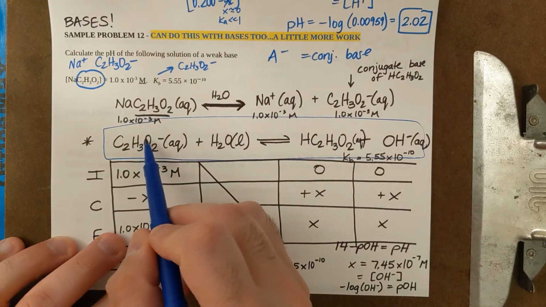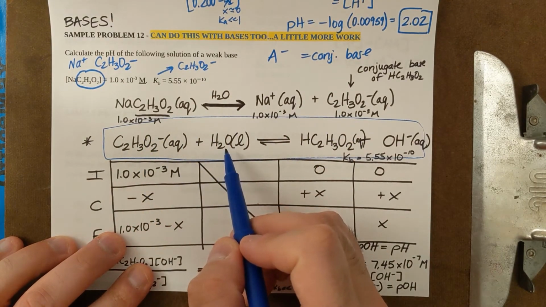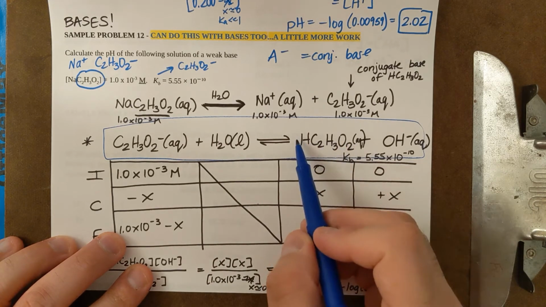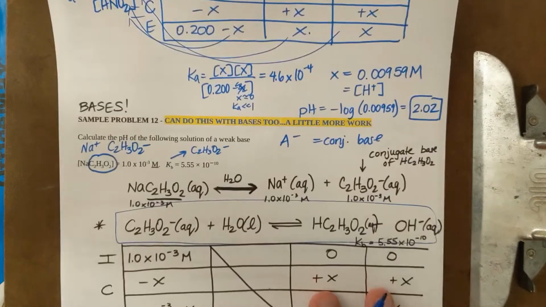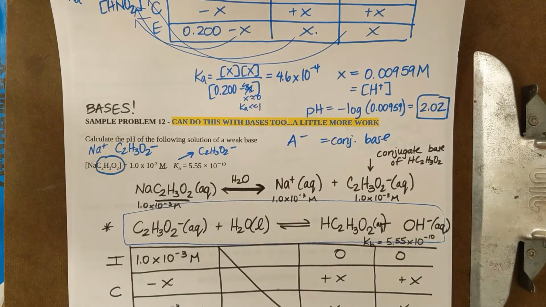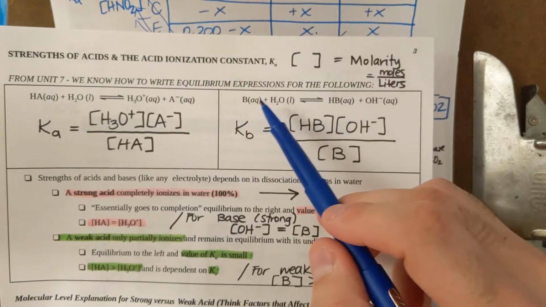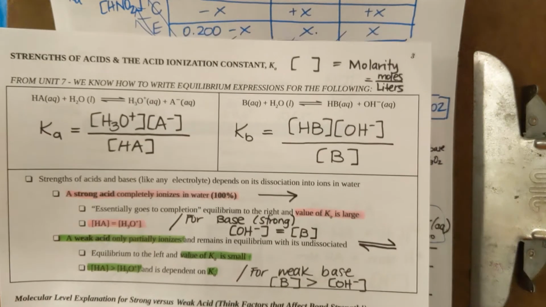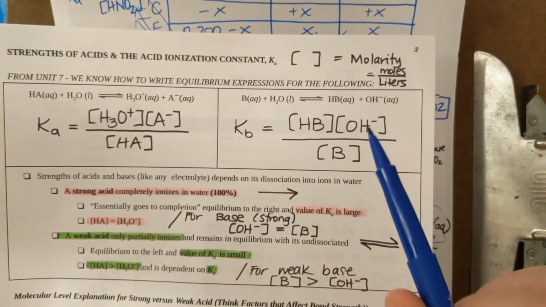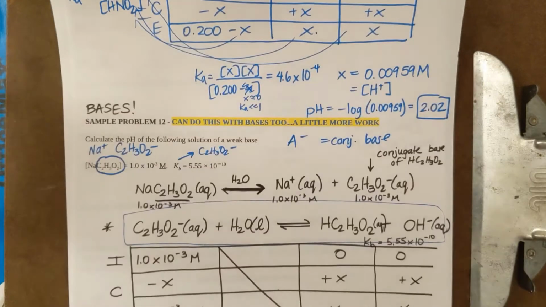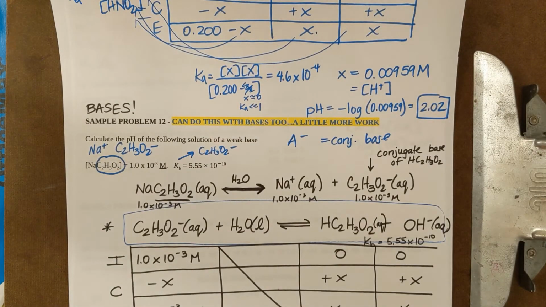I have my base, B minus, plus H2O, gives me HB, or HC2H3O2, plus OH minus. We talked about the base dissociation on page 3 of our notes: B plus H2O is HB plus OH minus. So we've seen a base dissociation equation, but we haven't written too many of them yet. And so now I have one written here.